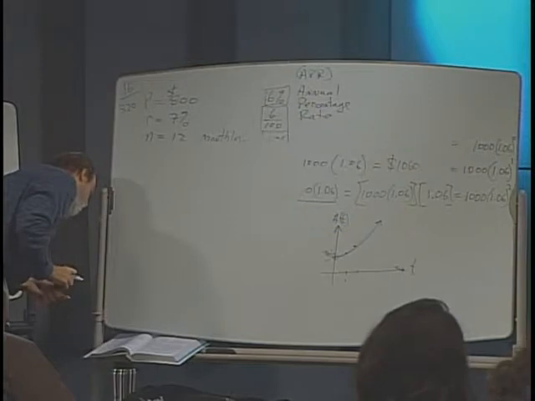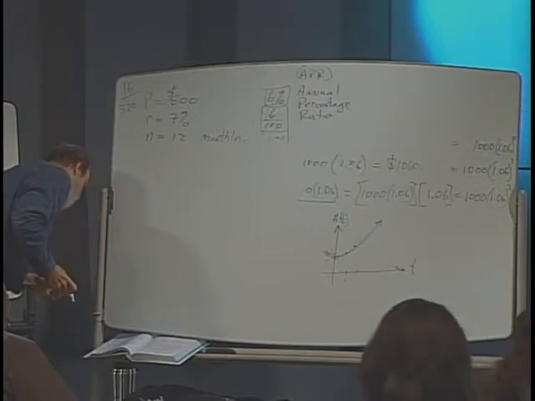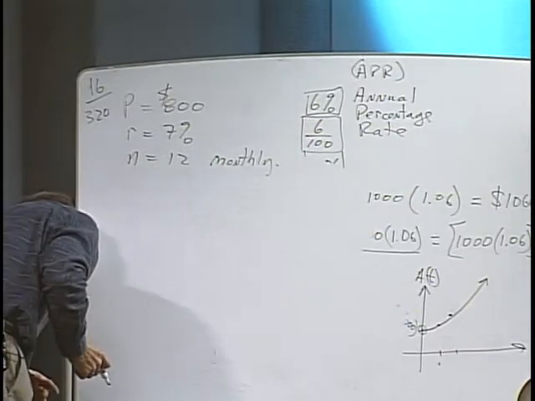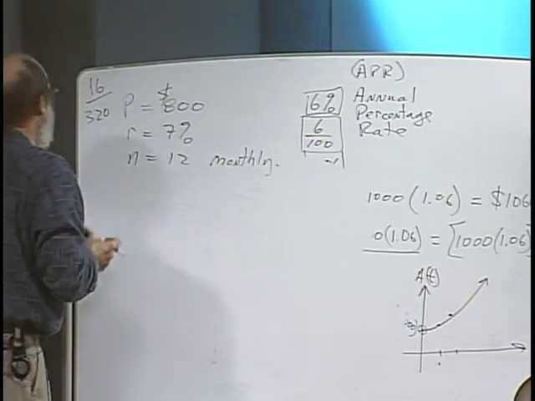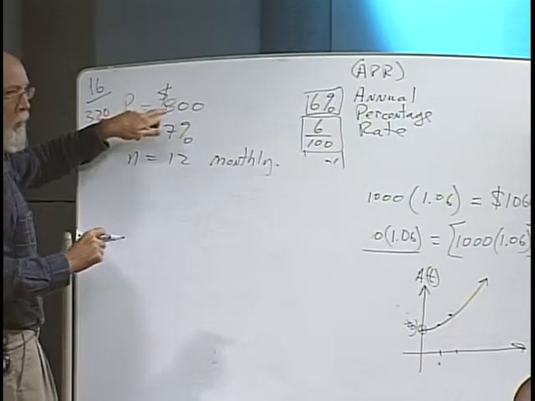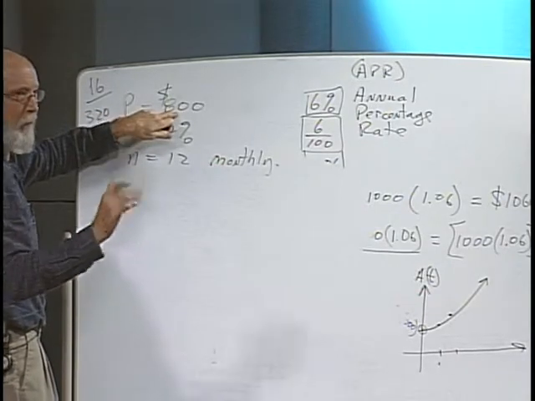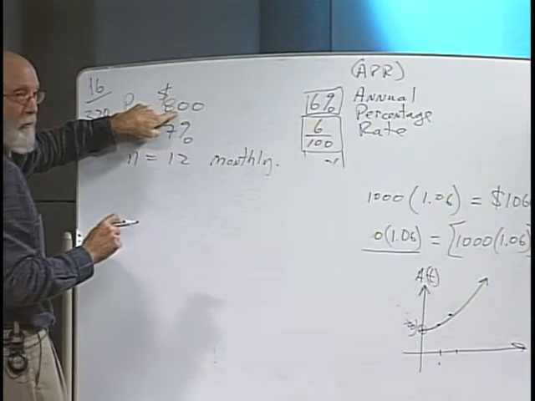And the question is, after 3.5 years, how much money would we have? The way it's phrased, this is not the present value. This is not the initial value. This is the future value.